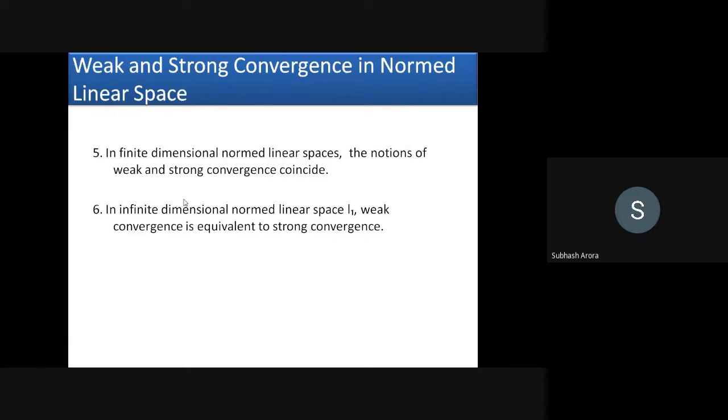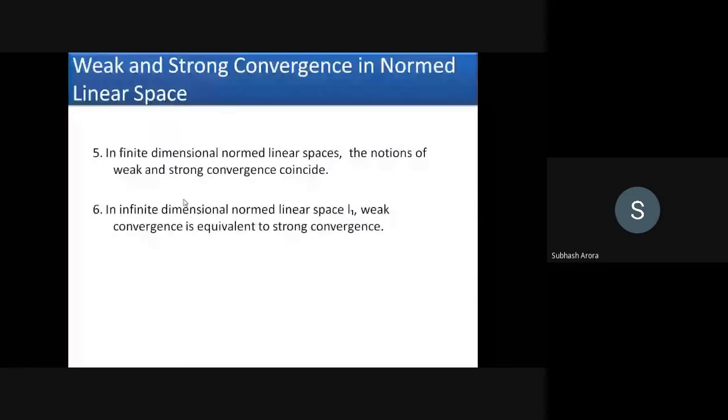Then by the Hahn-Banach theorem, there always exists a bounded linear functional which takes e2 to ek to 0 and takes e1 to 1. If that happens, we will get a sequence of complex numbers, the sequence of coefficients of these xn, and they will converge.